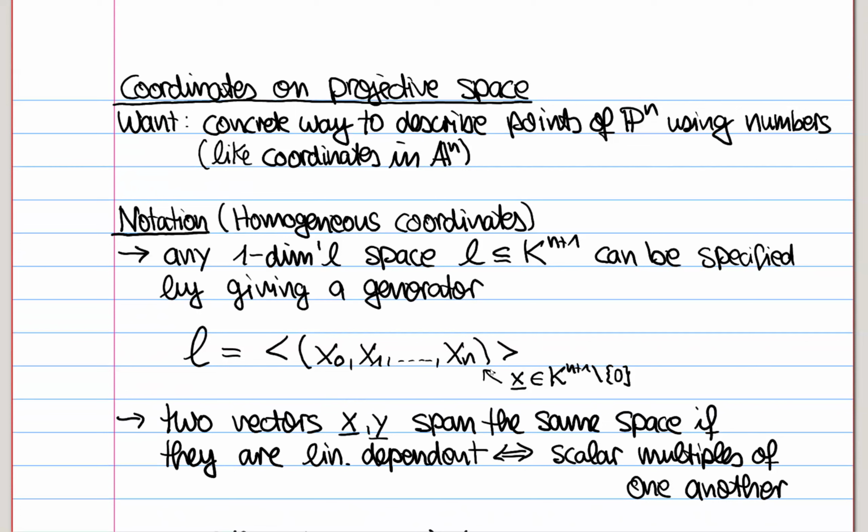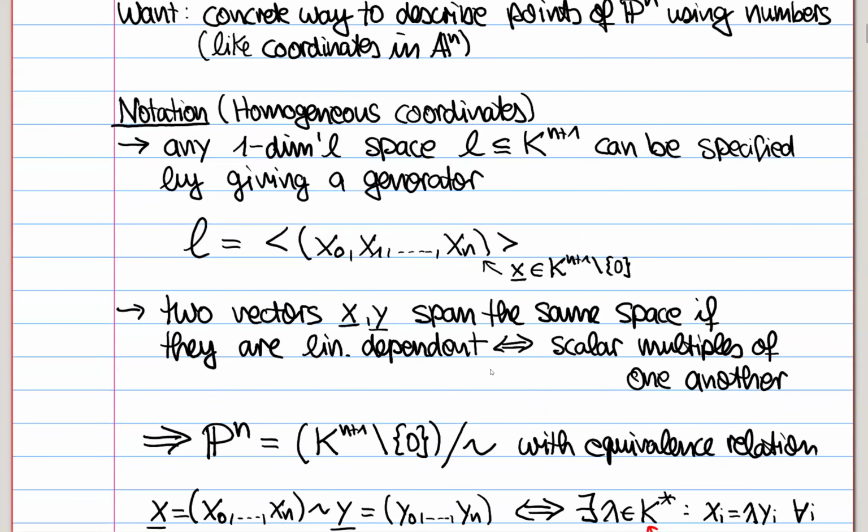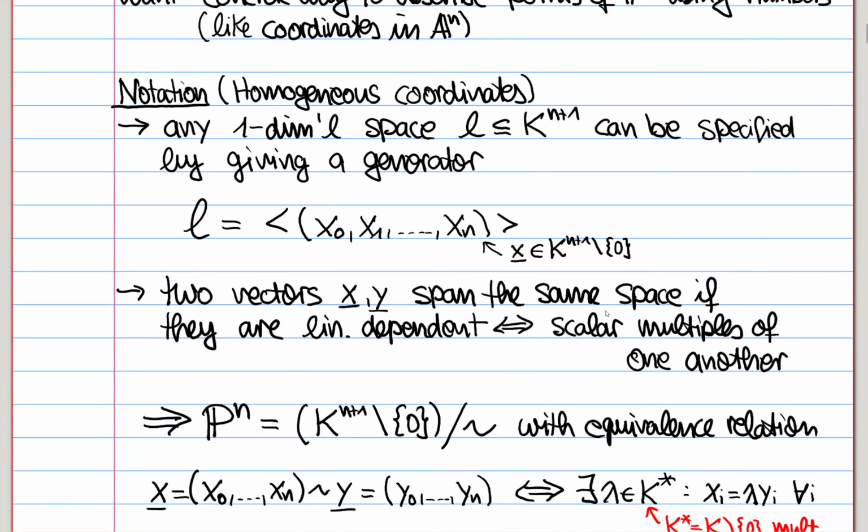But of course, the vector is not unique. You have a choice which generator you take. And two such vectors span the same space, of course, if they're linearly dependent. So in other words, if they're scalar multiples of each other.